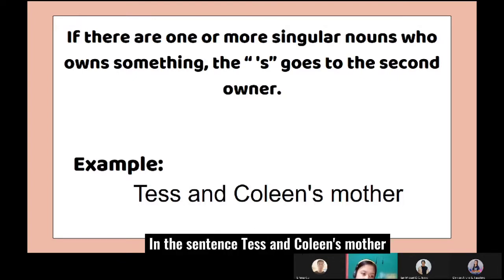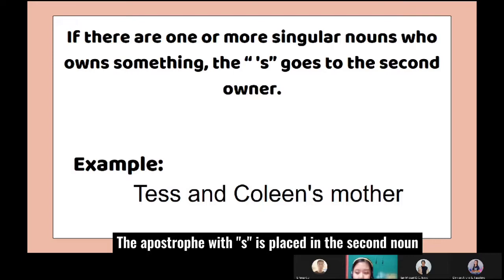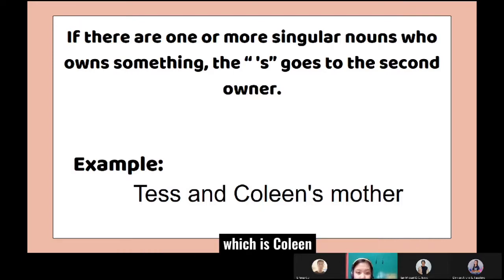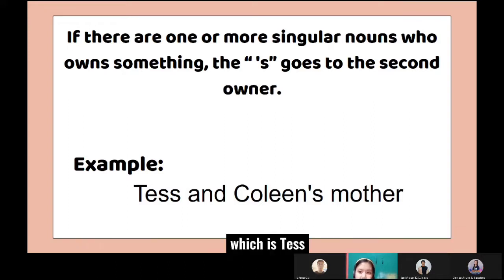In the sentence, Tess and Colleen's mother. Now, as you can see, the apostrophe with S is placed in the second noun, which is Colleen. There's no need to put apostrophe with S in the first singular noun, which is Tess. Okay.